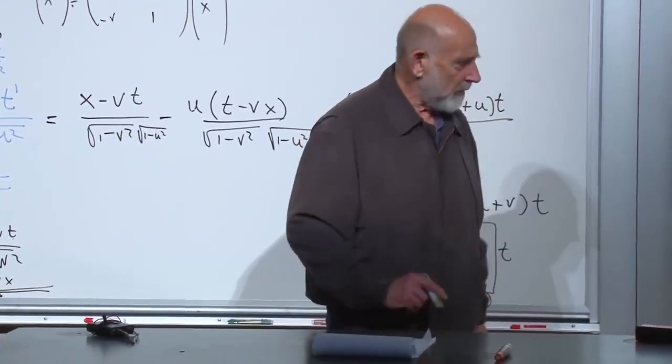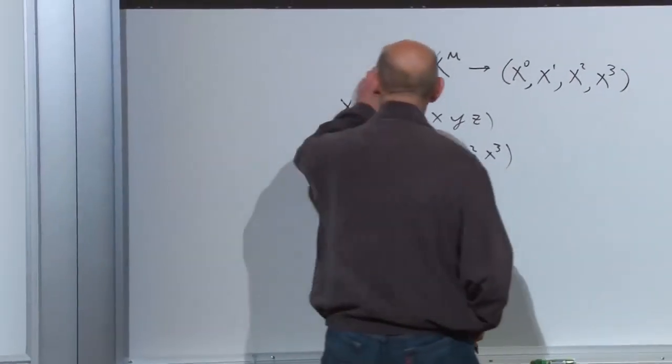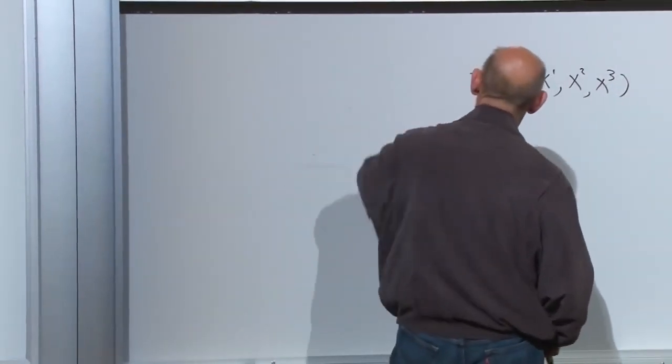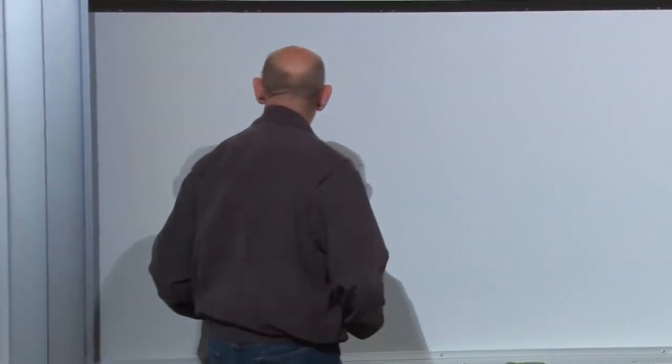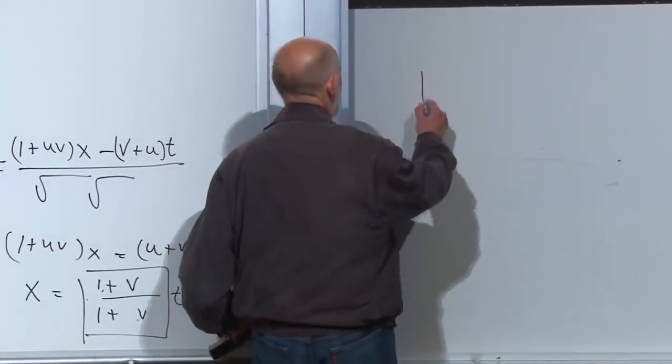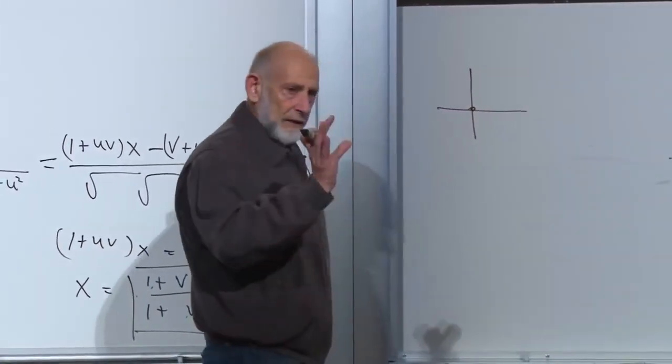All right, now let's talk about some other examples of 4-vectors. In particular, instead of talking about the components relative to an origin, let's just take a little interval.